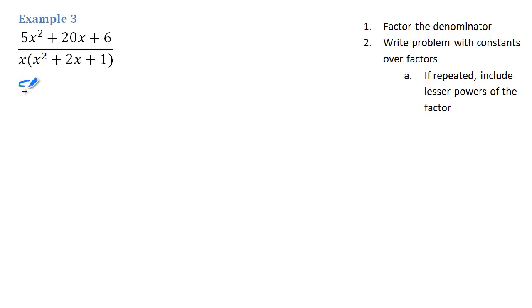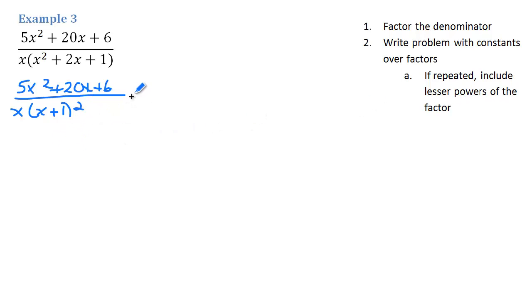In this third example, write the numerator 5x squared plus 20x plus 6 over the factored denominator, x times x plus 1 quantity squared. So this is a situation where we have a repeated factor, so we'll have to include the lesser powers of the factor.